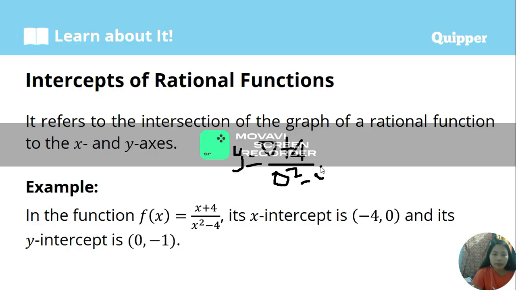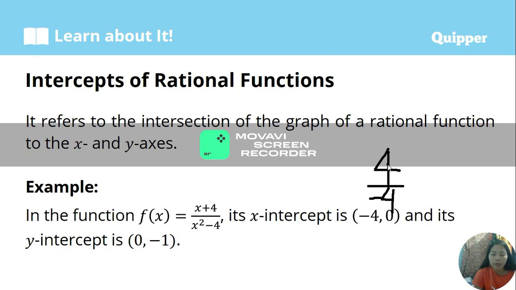Then 0 plus 4 is 4, over 0 squared, which is 0 times 0, that is 0, then minus 4. So that is 4 over negative 4, which is negative 1. So that is why our y-intercept is negative 1.